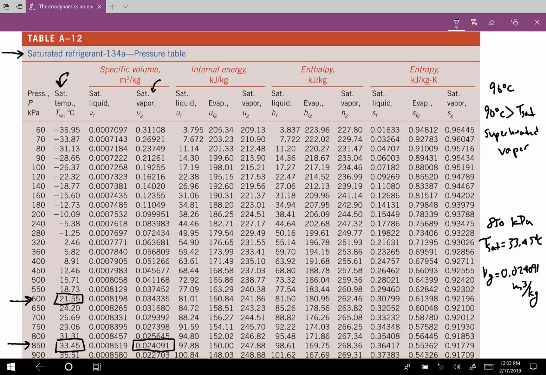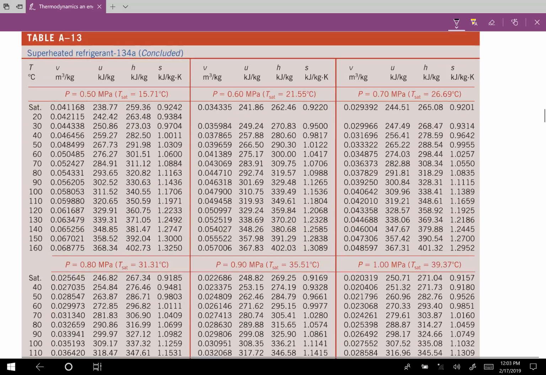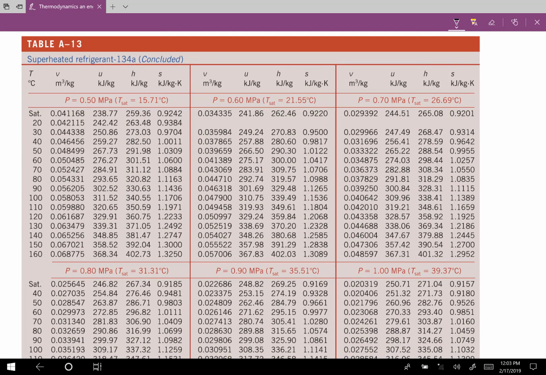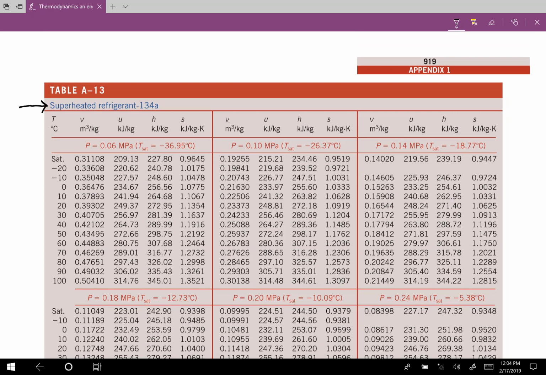Since we have a superheated vapor, we need to look up our specific volume on the superheated vapor table. So let's go find our superheated vapor table for refrigerant 134A. This is our superheated vapor table. I know what the temperature and pressure are. The pressure is 600 kilopascals.